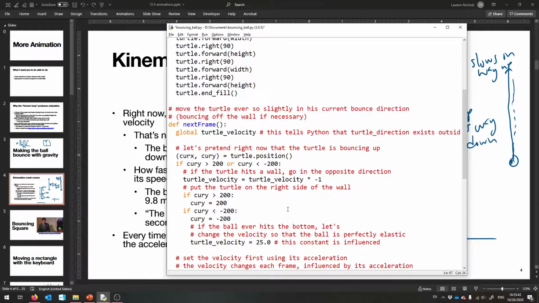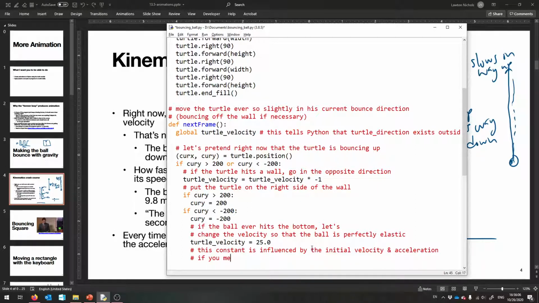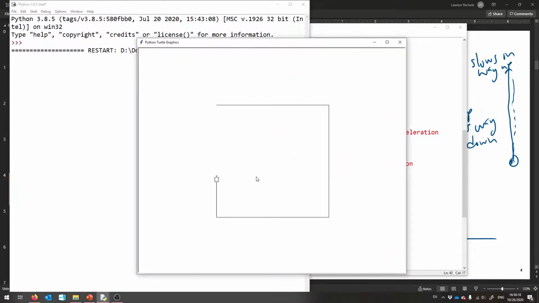So if you change those, you're going to have to change this.